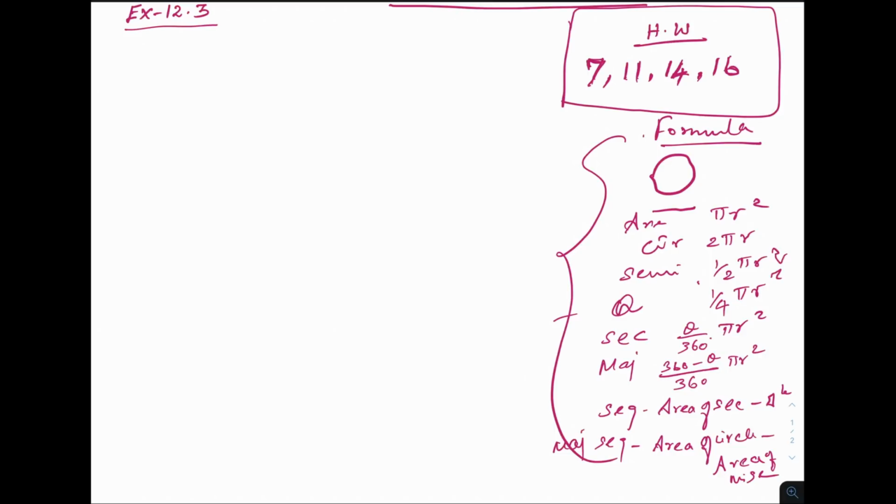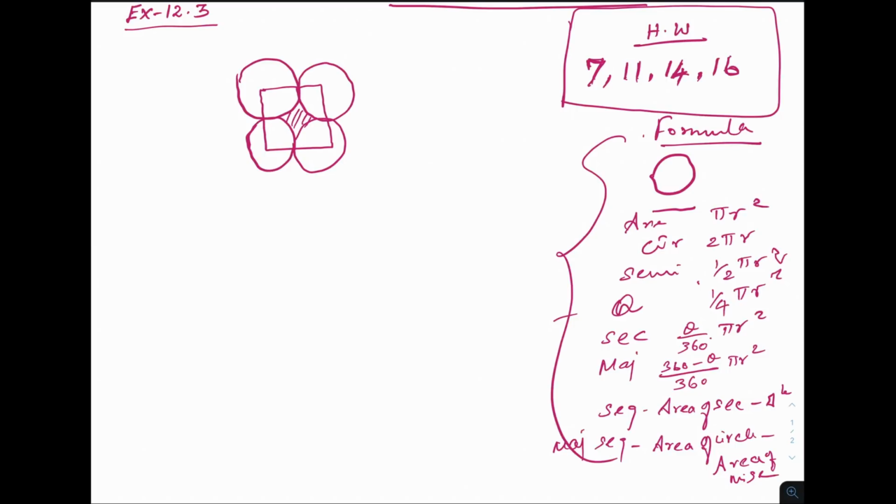So you can see 4 circles which are joined, that is touch externally, and the centers join to form a square. We need to find what is the shaded region's area. So this is what is asked.